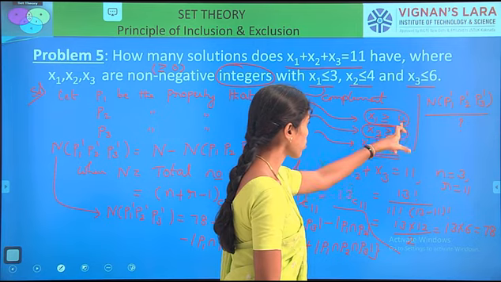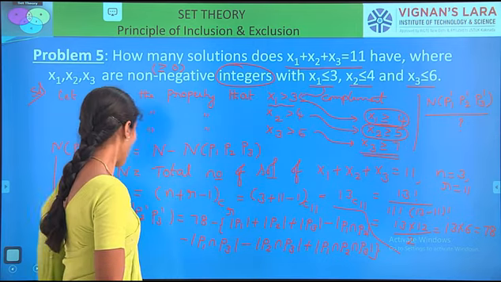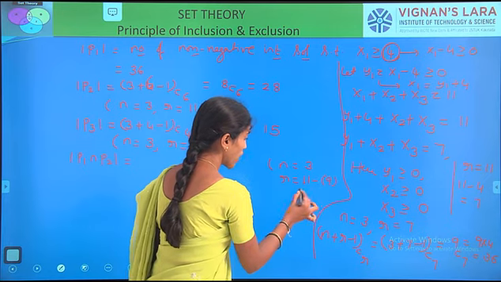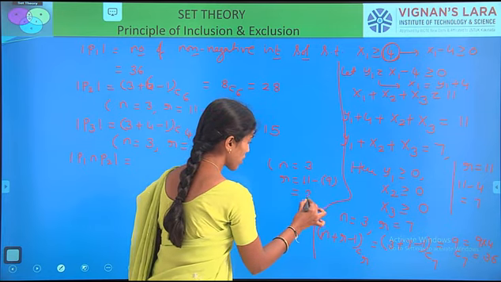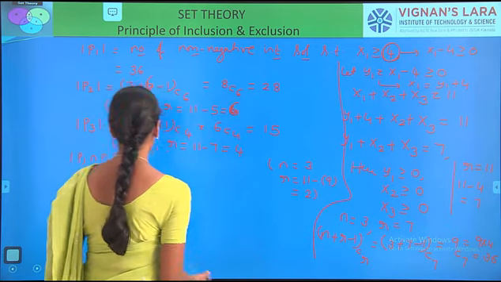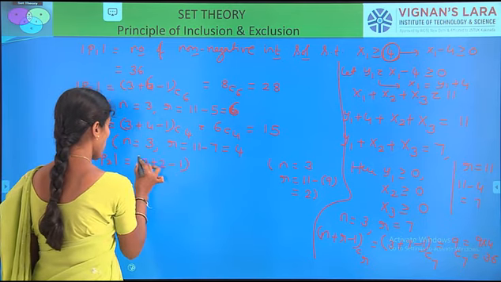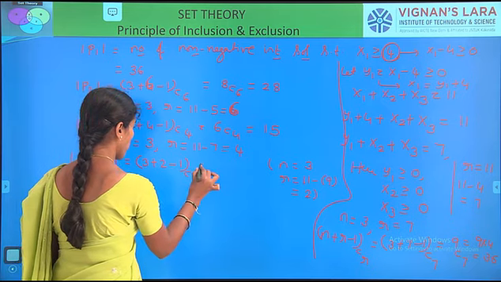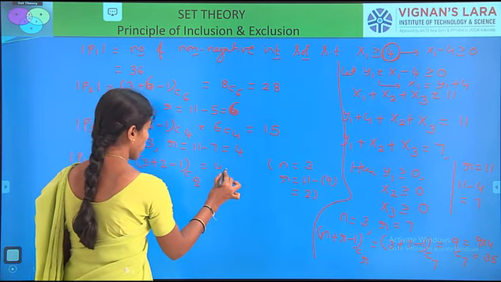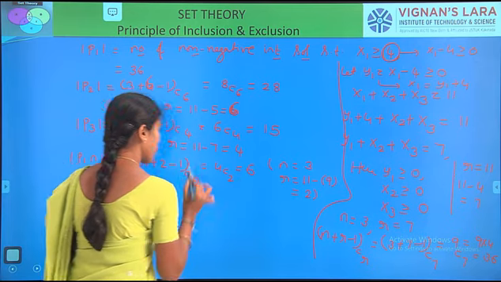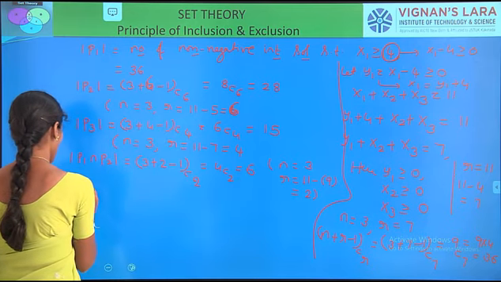By adding these two, 4 plus 5, 9, we need to subtract 9 from the old value of r. 11 minus 9, our new value is 2. So 3 plus 2 minus 1, C2. So 4C2, 4 into 3 by 2, 2 into 3, value is 6.